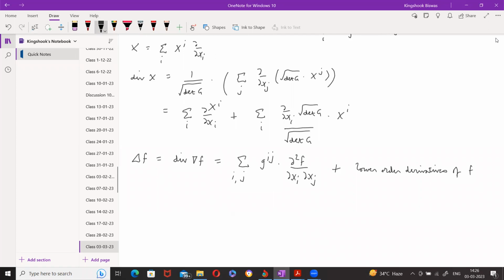So this is an example of what's called an elliptic second order linear differential operator. You can see it's a second order operator, right? It's got second derivatives.